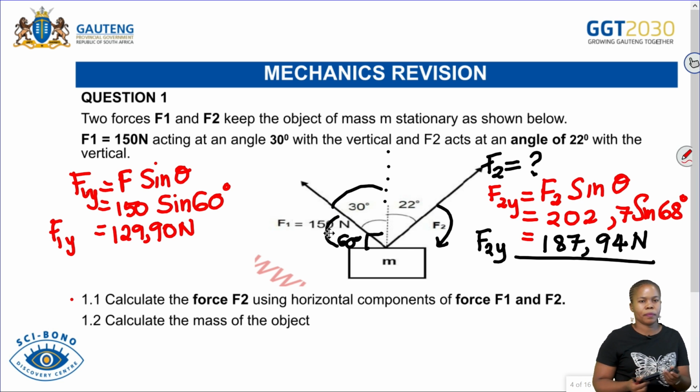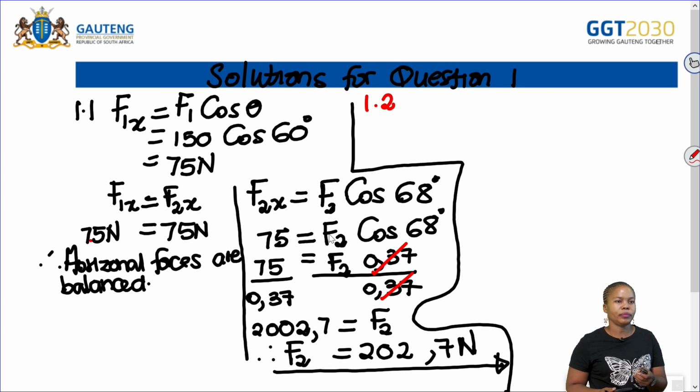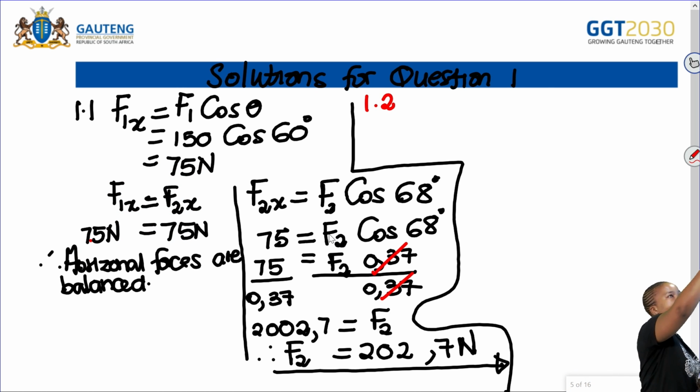So we've got 129. On this side, we say we've got the F vertical net.